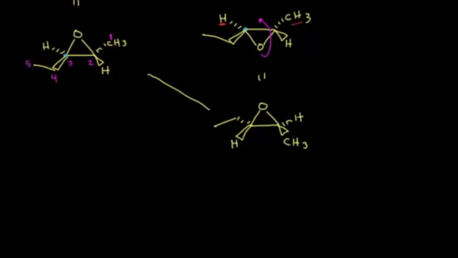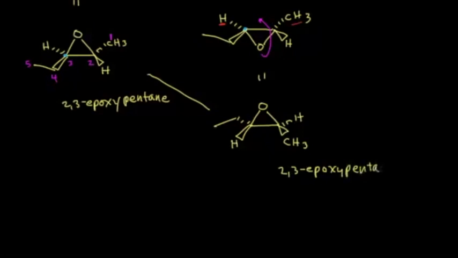So I'm going to name it as a pentane base, so this would be pentane, like that. And I can see my epoxy occurs between carbons 2 and 3. So it'd be 2,3-epoxypentane, like that. So this enantiomer would be 2,3-epoxypentane, and this one would also be 2,3-epoxypentane.